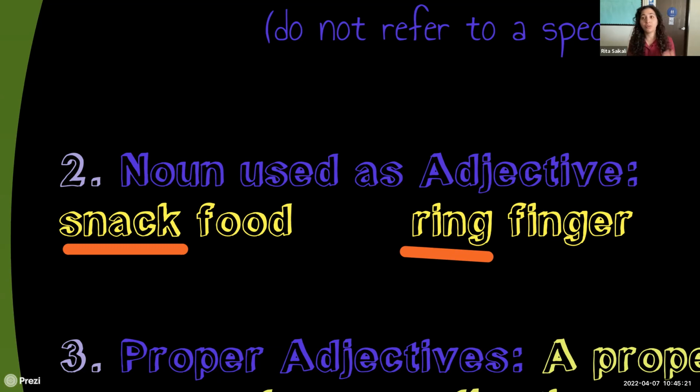Ring on its own is a noun. Finger on its own is a noun, but ring finger, this one over here, that would be an adjective and a noun, right? So ring finger. Okay, so it's describing the kind of finger it is. Okay, does that make sense?